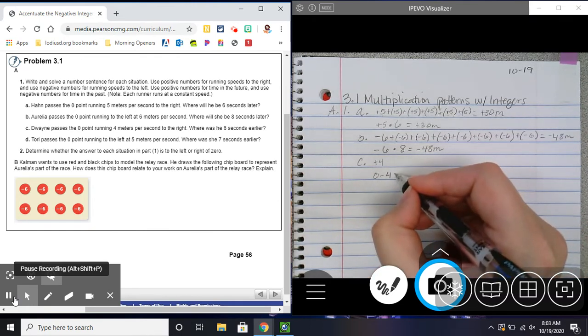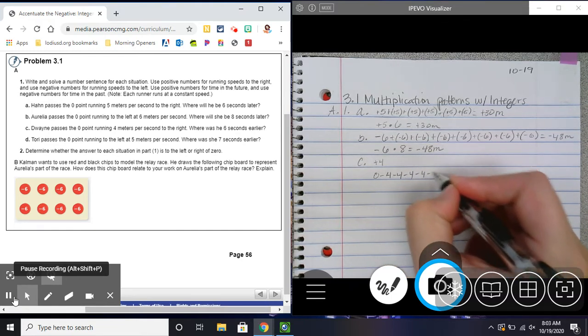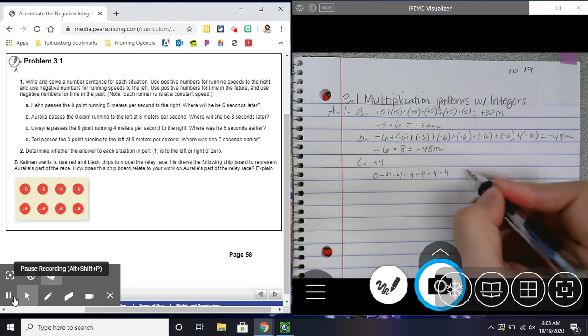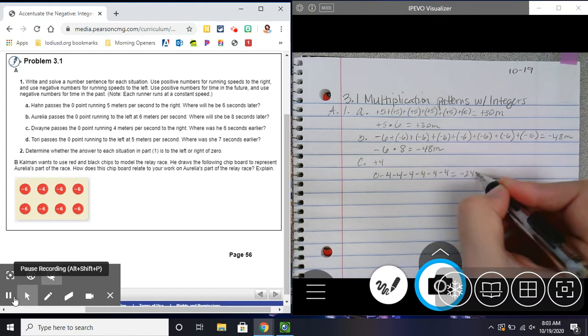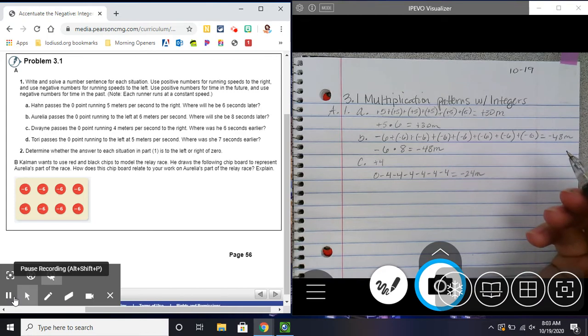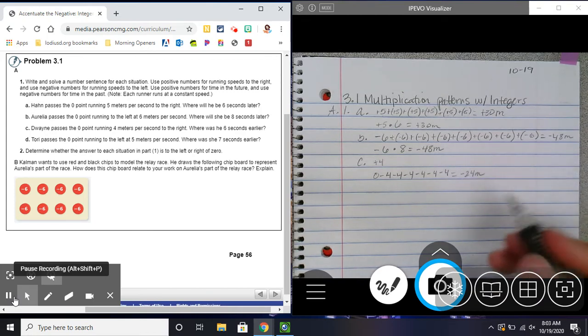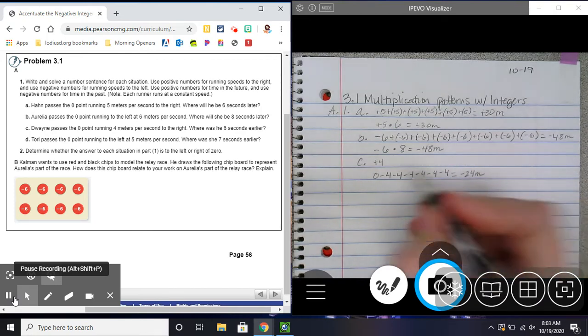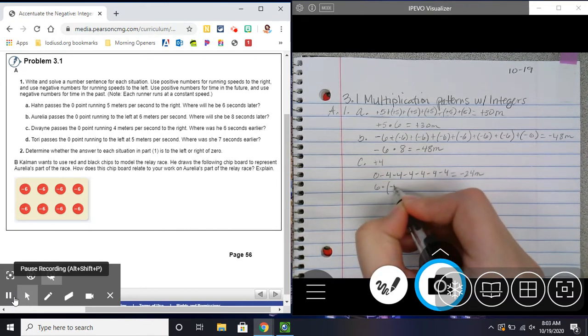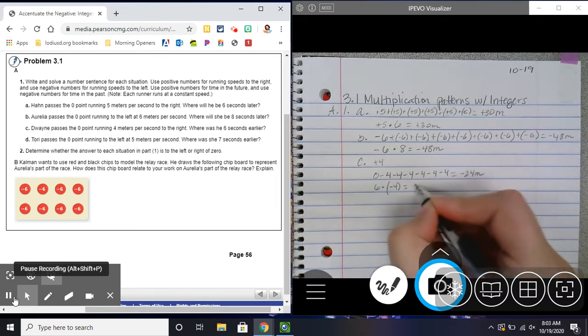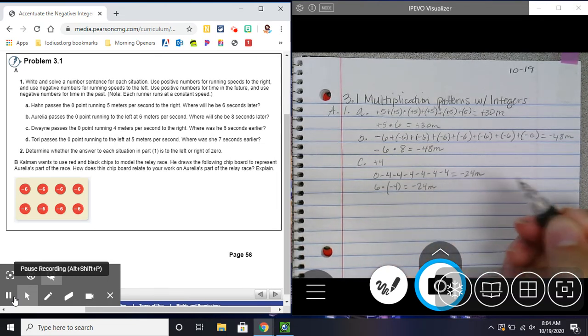So we need 6 of them: 1, 2, 3, 4, 5, 6. And you end up with -24 meters. You could have done instead 6 times -4, which would also be -24 meters.